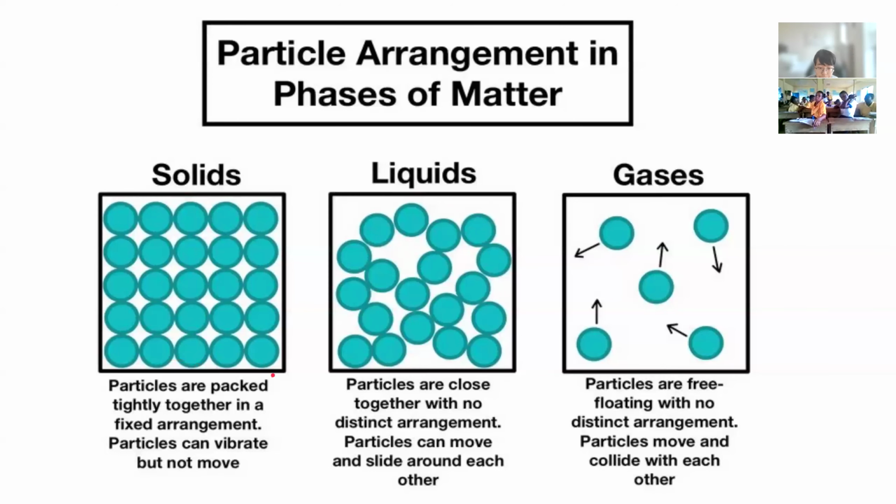Solids, however, the particles are really closely packed. So these particles cannot move around easily and form a convection cycle. Not able to do that for solids because the particles cannot move out of place easily.